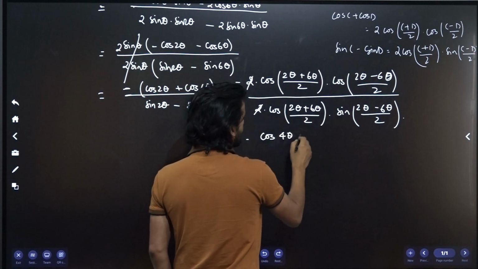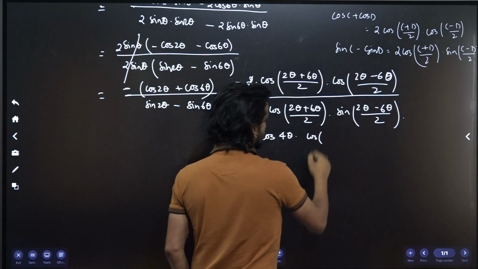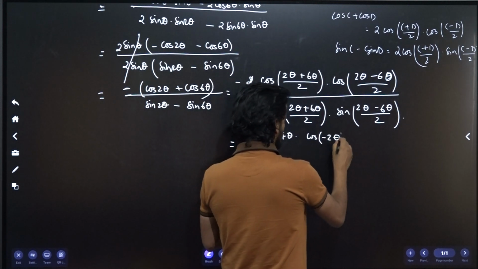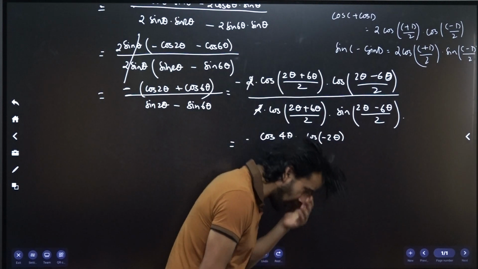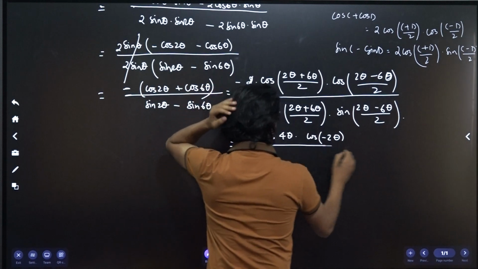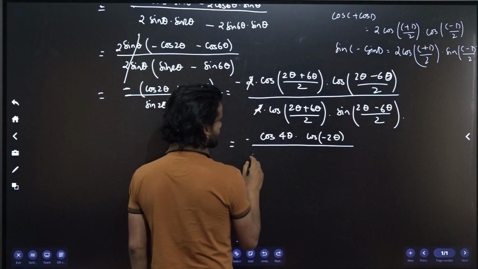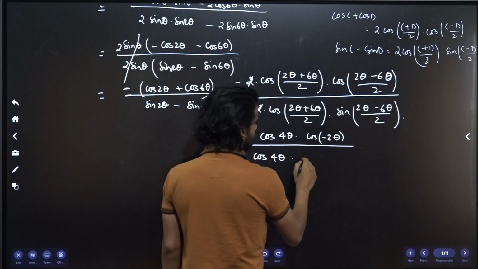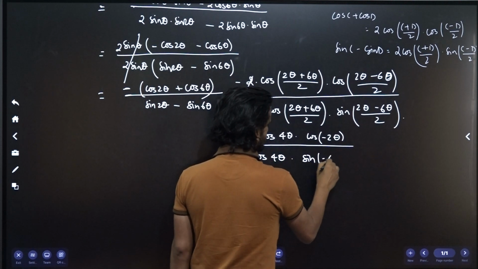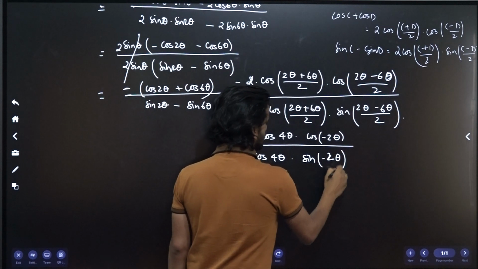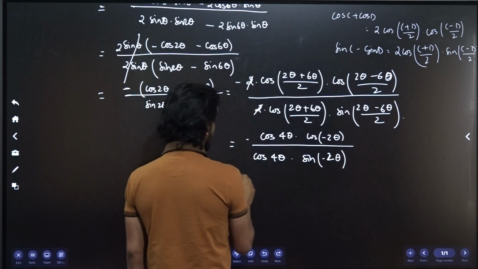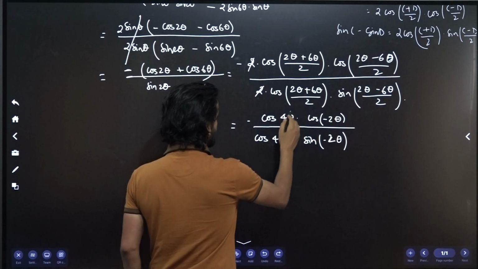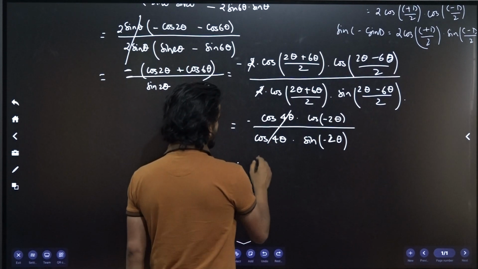4 theta into cos, minus 4 minus 2 theta, divided by cos 4 theta sin minus 2 theta. Alright, minus is there, that's why I'm writing it in brackets. So cos 4 theta, cos 4 theta cancel.